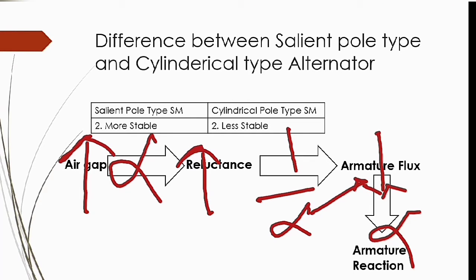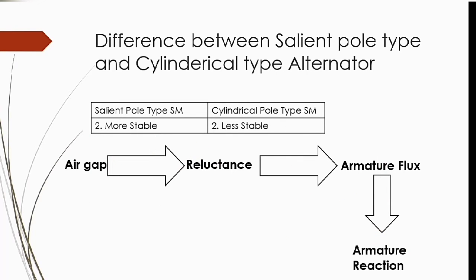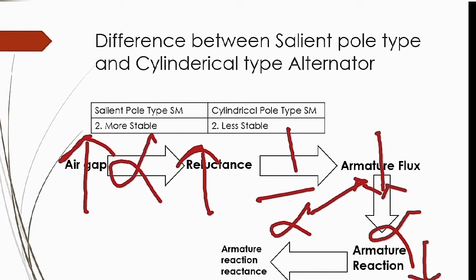That means armature flux decreases, so armature reaction also decreases. So armature reaction decreases, that means armature reaction reactance also decreases because it is directly proportional to armature reaction.